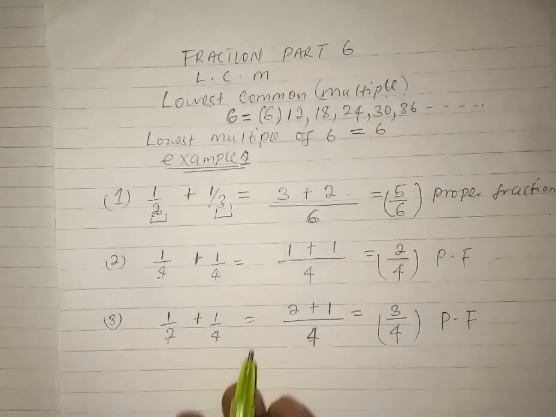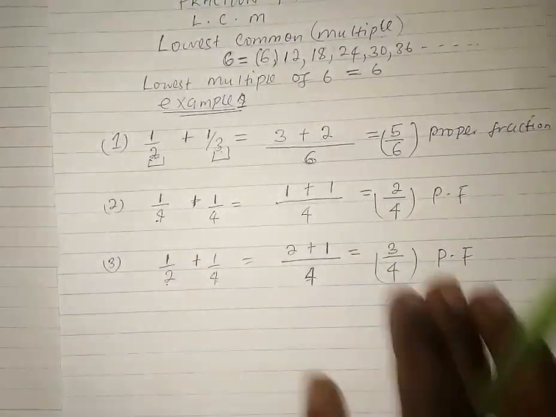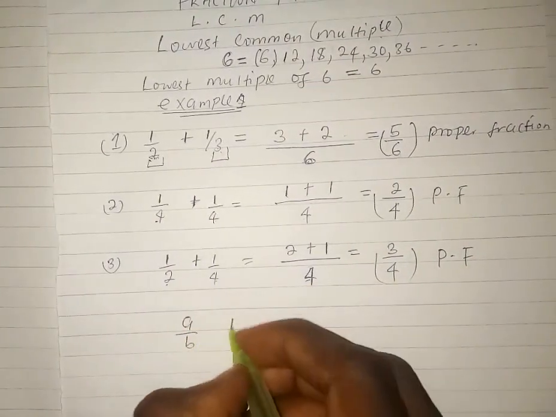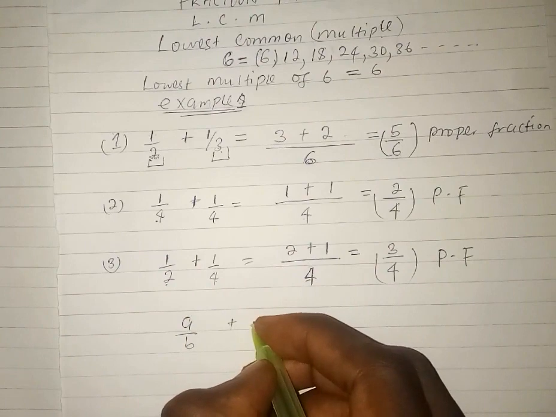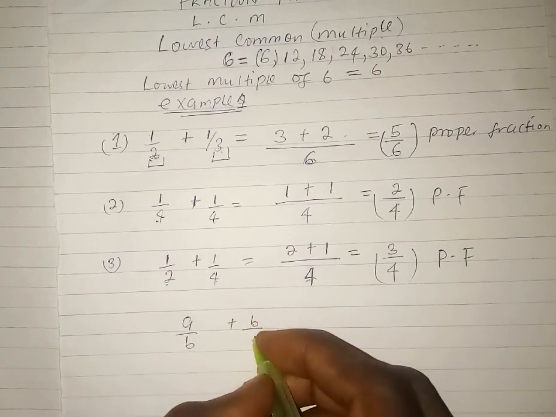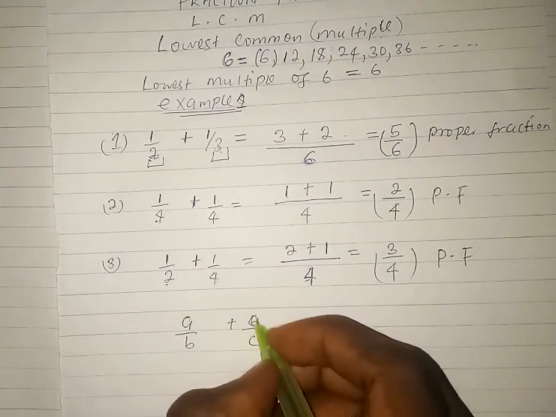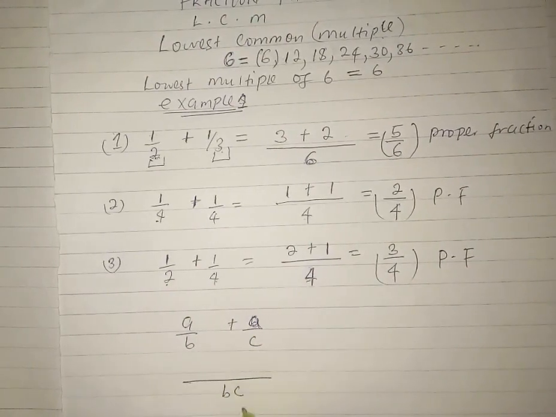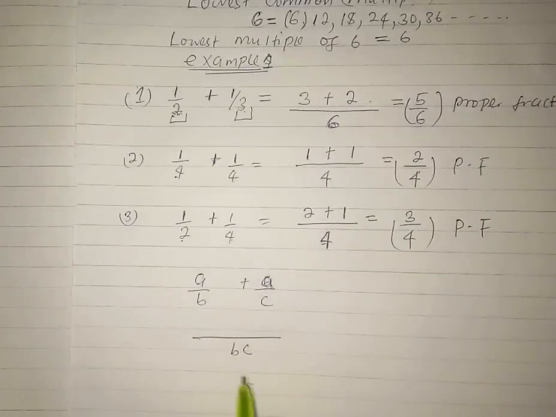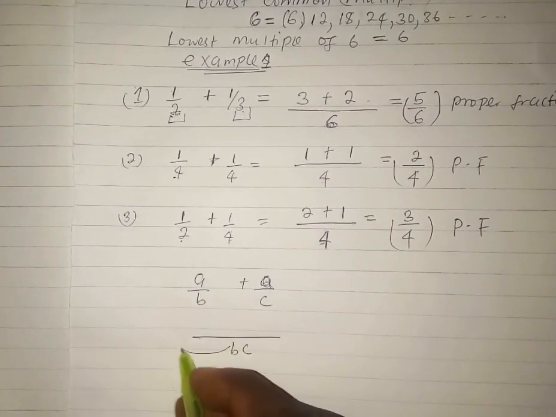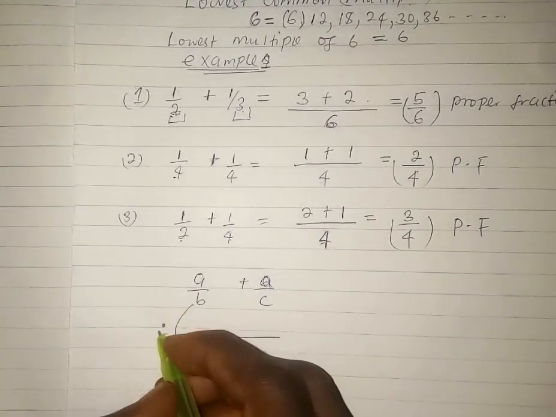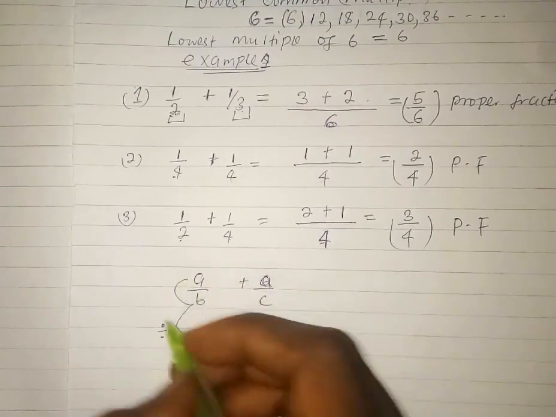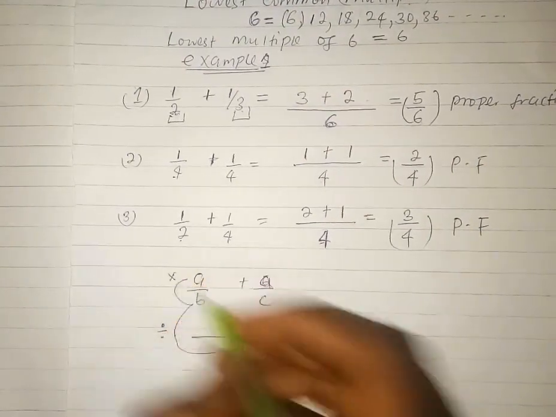Now, as a summary, when you have A over B plus B over C, or let's say A over C, and we have BC as our LCM, then you need to divide your LCM by the denominator, then multiply your answer by your numerator.